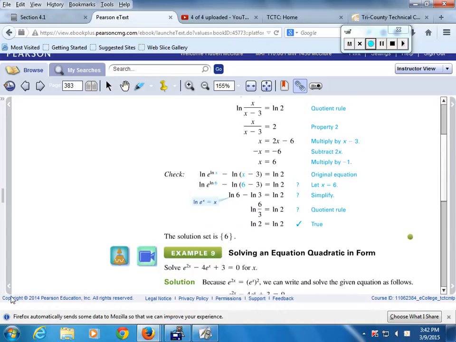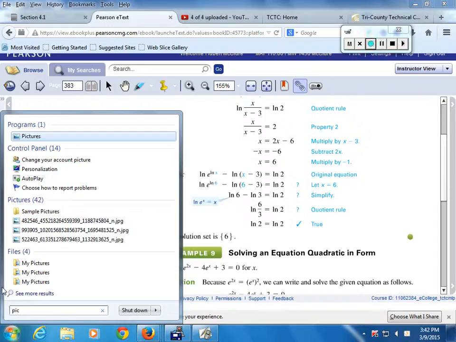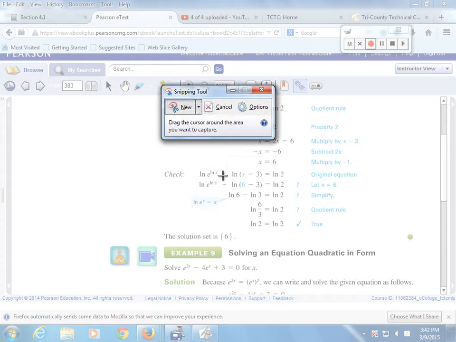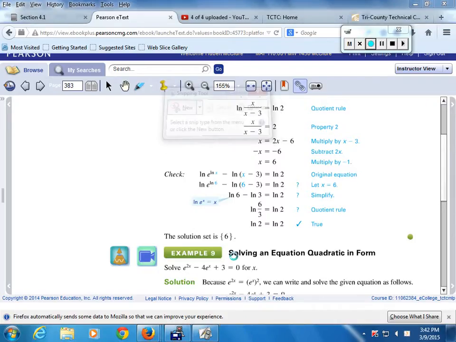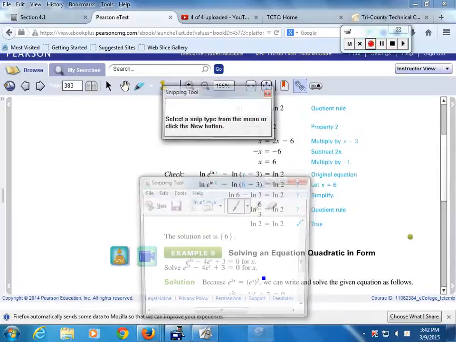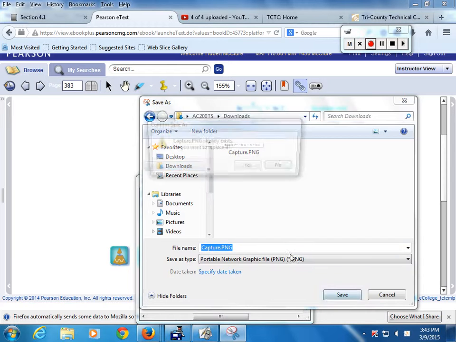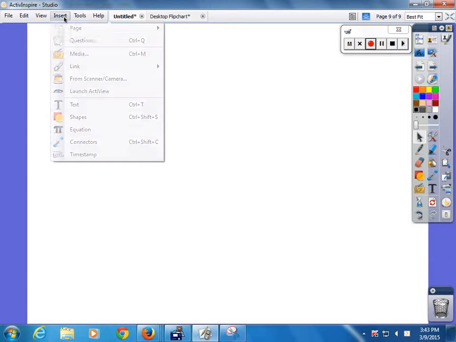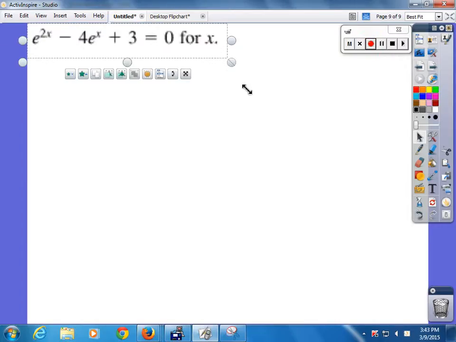Where did my doohickey go? 4e to the x. There you go.